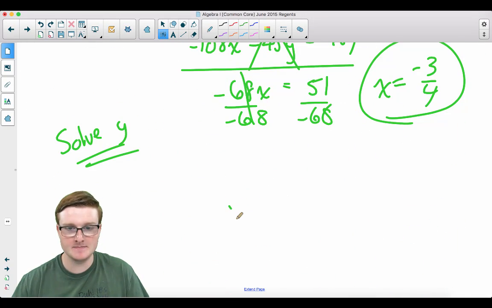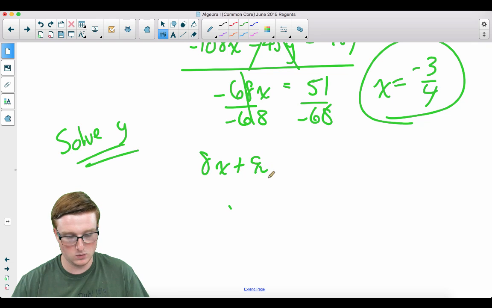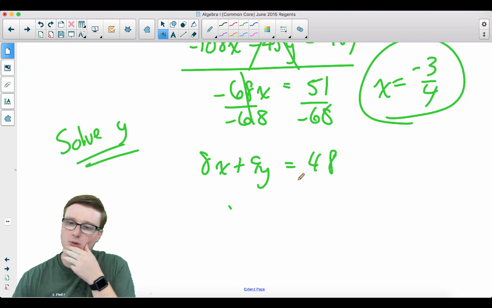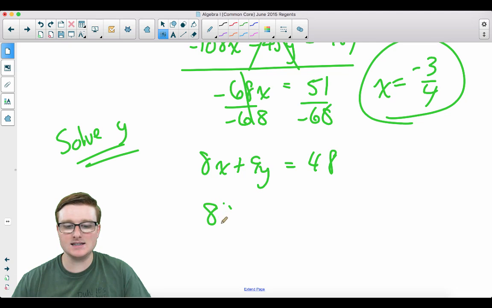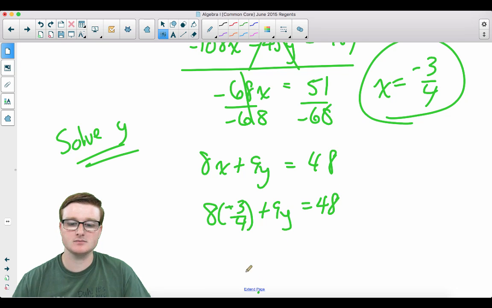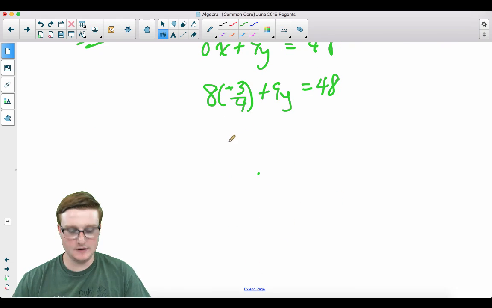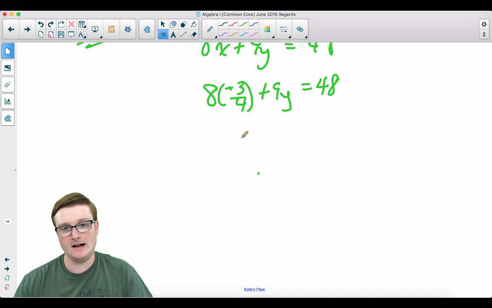So I'm going to take the equation 8x plus 9y equals 48. If you plug it in, we get 8 times negative 3/4 plus 9y equals 48. 8 times negative 3/4 is just going to be negative 6, plus 9y is equal to 48.